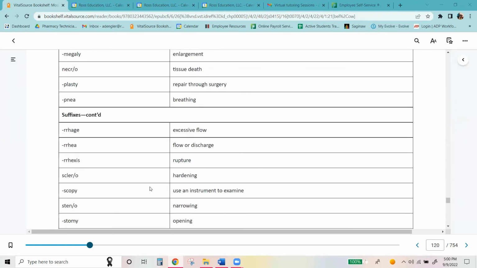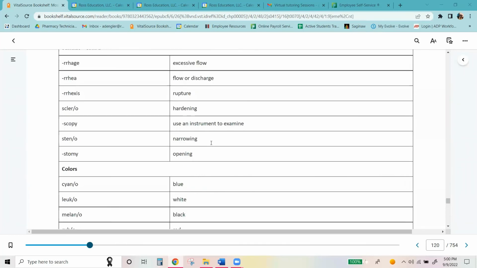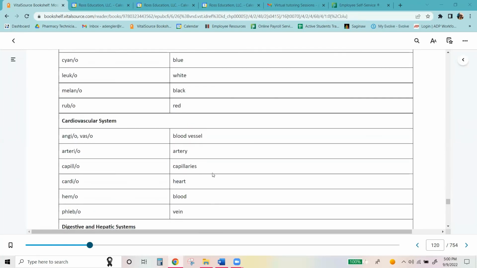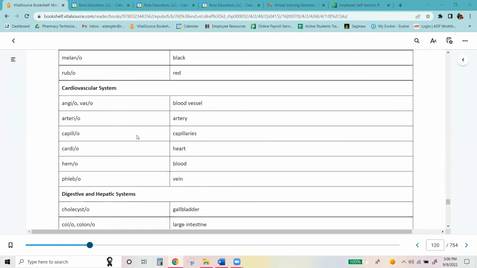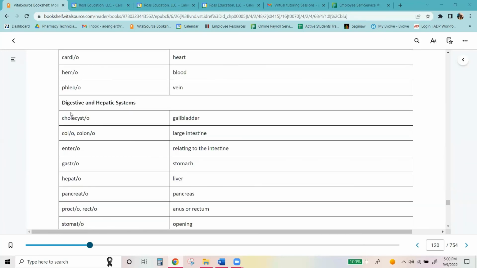And then we have some more suffixes here. Then we have colors. And here are some of the combining forms for the digestive and hepatic system.